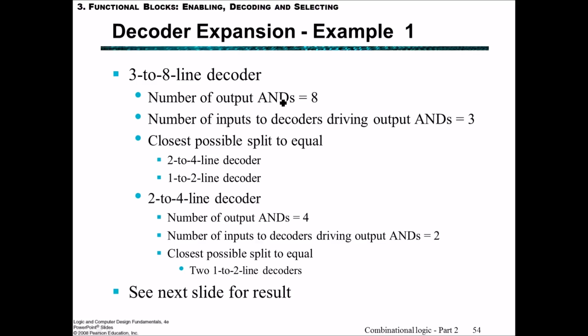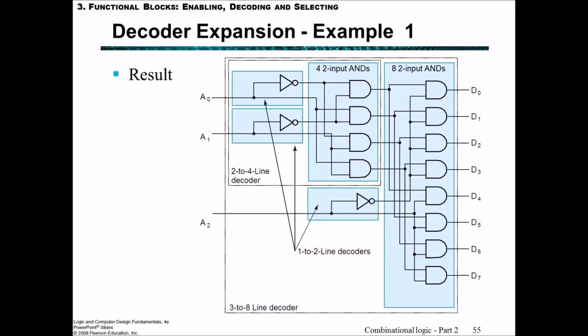And the closest way we could possibly split this to equal is a 2 to 4 line decoder and a 1 to 2 line decoder. With a 2 to 4 line decoder, we have the number of output ANDs equaling 4 and the number of inputs driving the output ANDs equaling 2. The closest possible split to equal would be two 1 to 2 line decoders. Let's have a look at the next slide for the results.